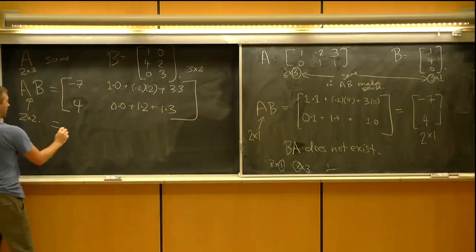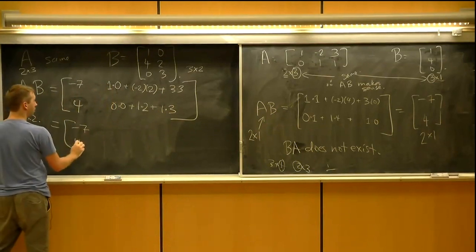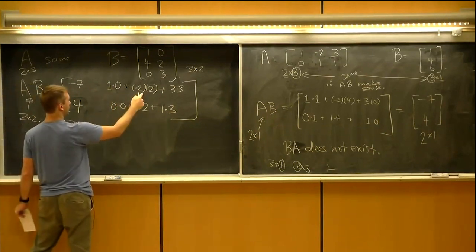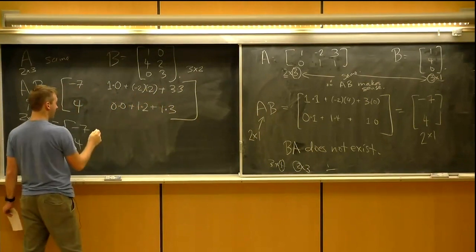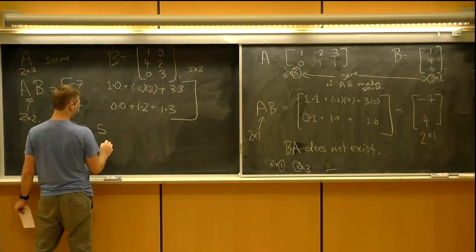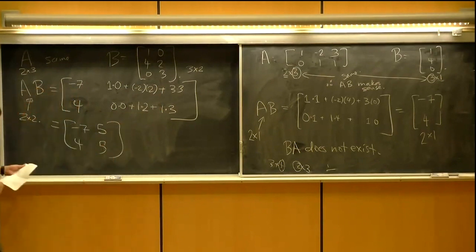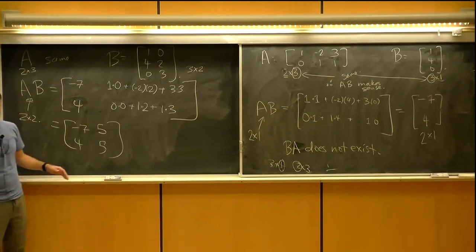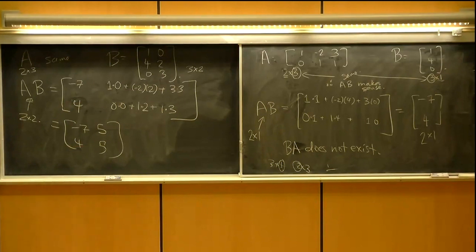So at the end I get -7, 4, then -4 plus 9, which is 5, and 5 for the last entry. Yeah, that matches what I wrote here. So that's just a bit of introduction to that, but we'll continue doing more examples next time.